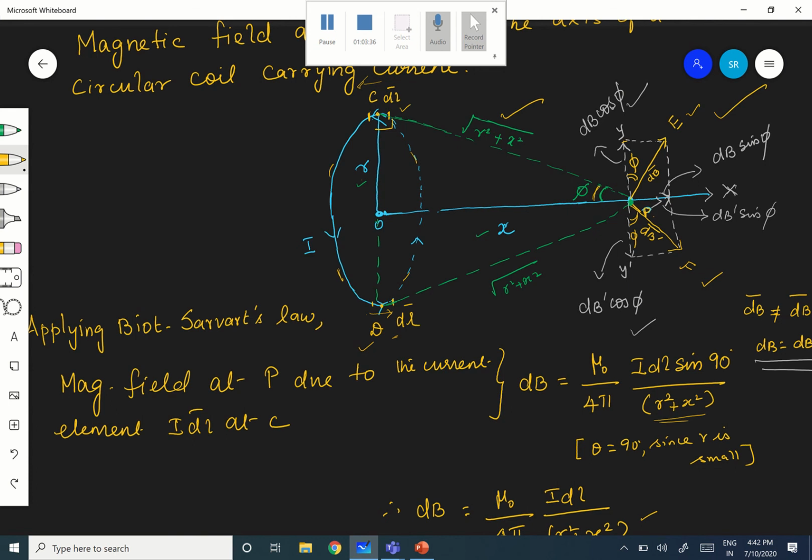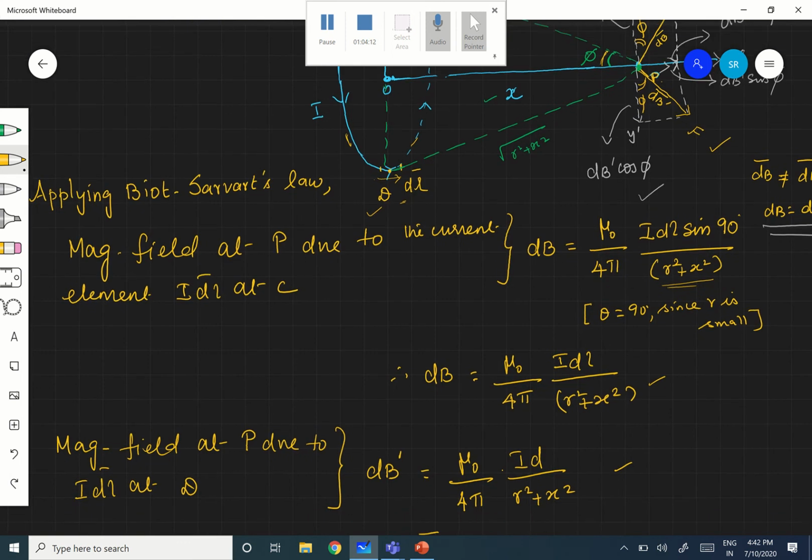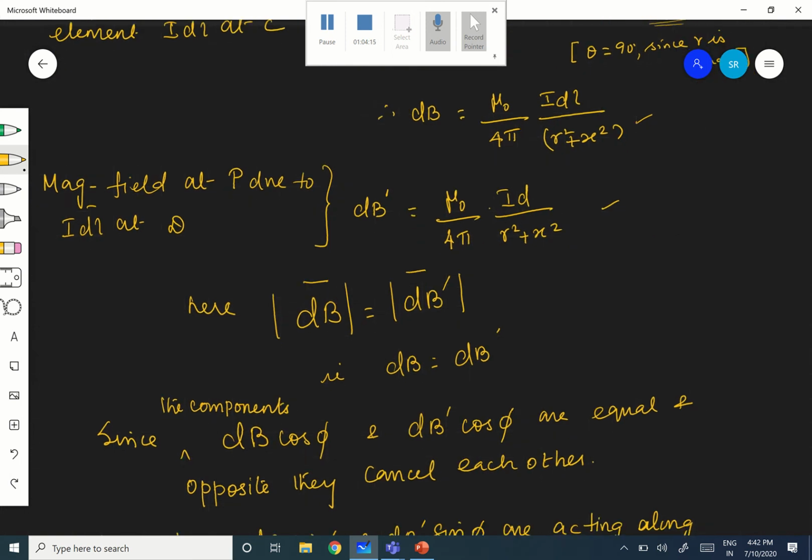Like that, if you take diametrically opposite pairs, how I have taken C and D, then for each and every pair all the cosine components will always cancel and only sine components will remain. If you take the full coil, with so many current elements, diametrically opposite like that, finally you conclude that everywhere the cosine components are cancelling and only the sine components remain.